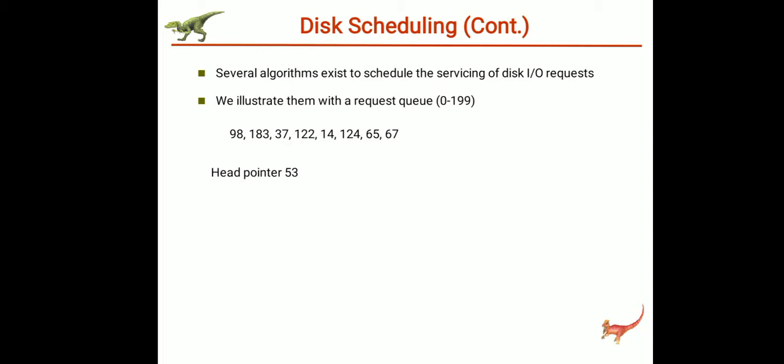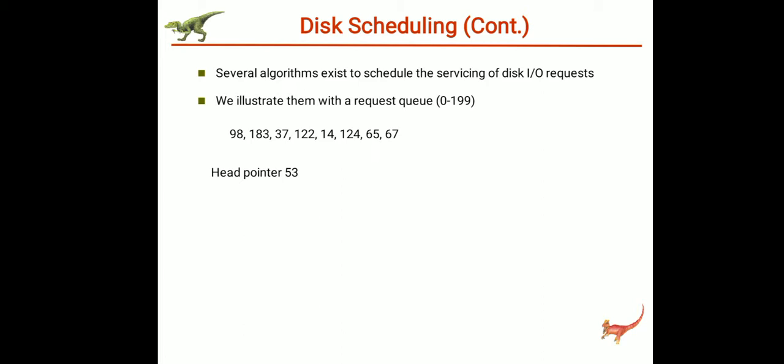Whenever a process needs IO to or from the disk, it issues a system call to the operating system. If the desired disk drive and the controller are available, the request can be serviced immediately. If either one of them is not available, the new request should be placed in a request queue for that drive.